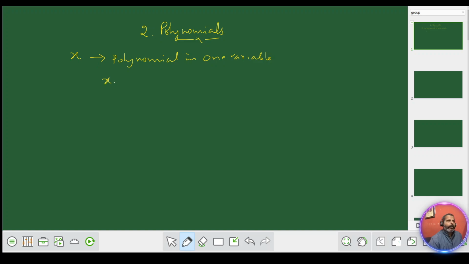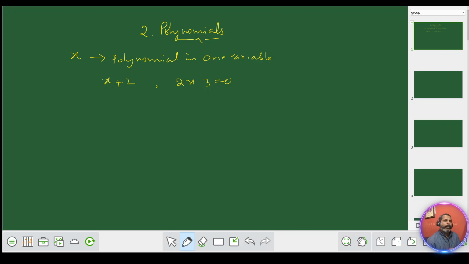This can be a polynomial. Say x plus 2, yes, it is a polynomial. Say for example 2x minus 3 is 0, yes, it is a polynomial. So polynomials are nothing but algebraic expressions having variables in them.